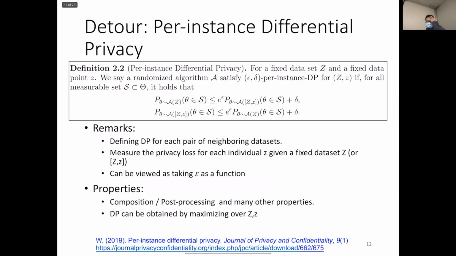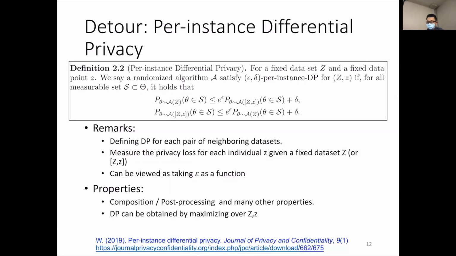Okay, so in order to talk about this idea formally, let's take a little detour and talk about per instance differential privacy. So what is per instance differential privacy? It's a refined definition of differential privacy itself.